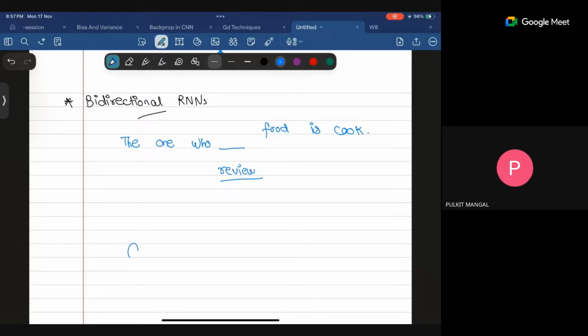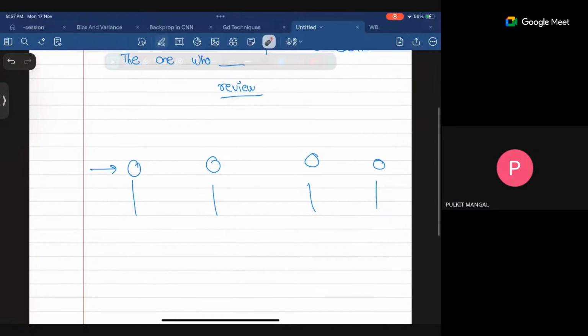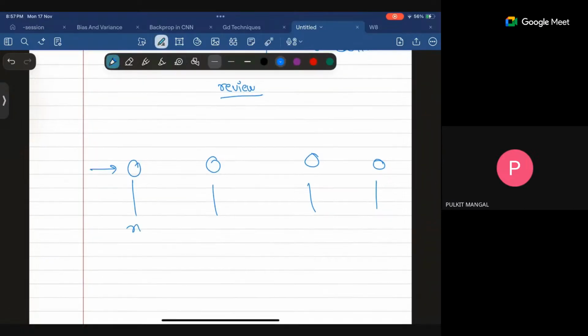Let's say you will be having this structure in which you pass your x1, x2, x3, x4. You will have, let's suppose, h0. From that you are going to get h1.